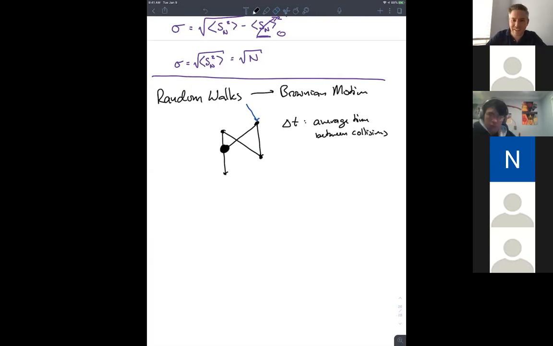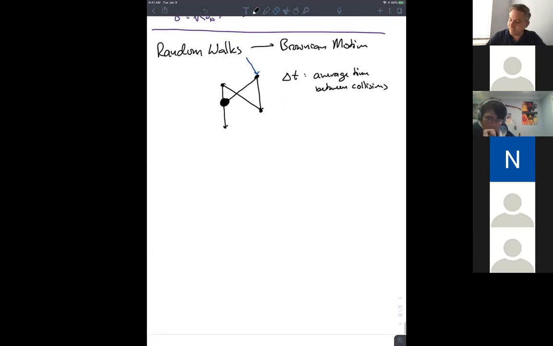So delta t is the average time between collisions. N is going to be the number of collisions that we have. In other words, what happens is our particle travels, and after some amount of time, delta t, it undergoes a collision and goes a different direction. After another time, delta t, it undergoes a collision and goes a different direction.